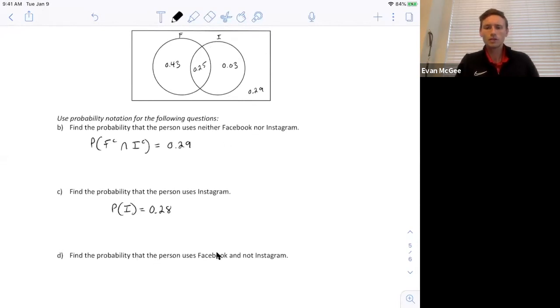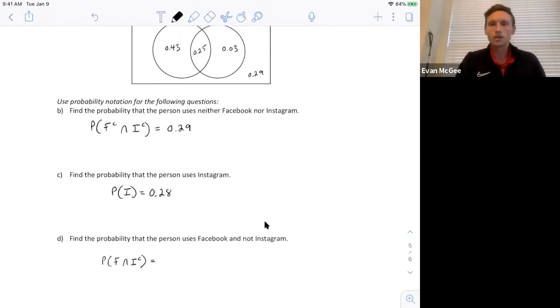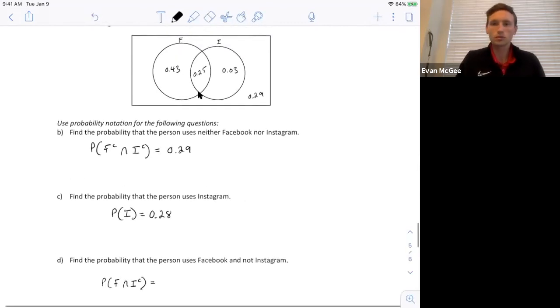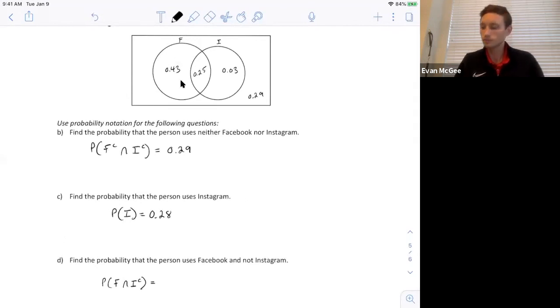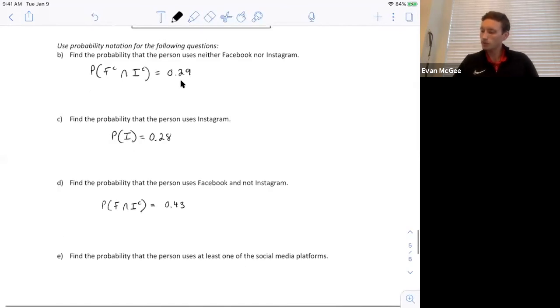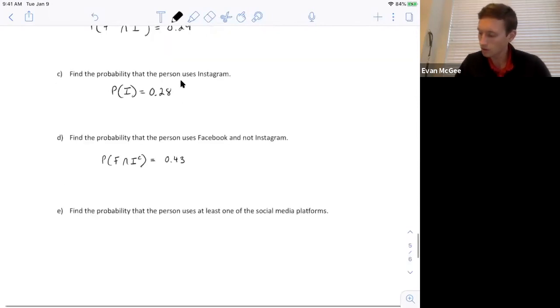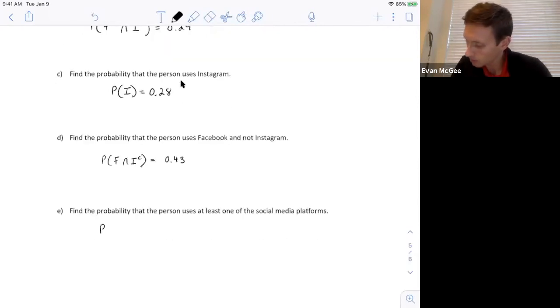Find the probability that the person uses Facebook and not Instagram. So they're in the Facebook circle, but they are not in the Instagram circle. So that is this 43% use Facebook and not Instagram. And then finally, find the probability that the person uses at least one of the social media platforms. At least one would be the probability of them using just Facebook, both, or just Instagram.